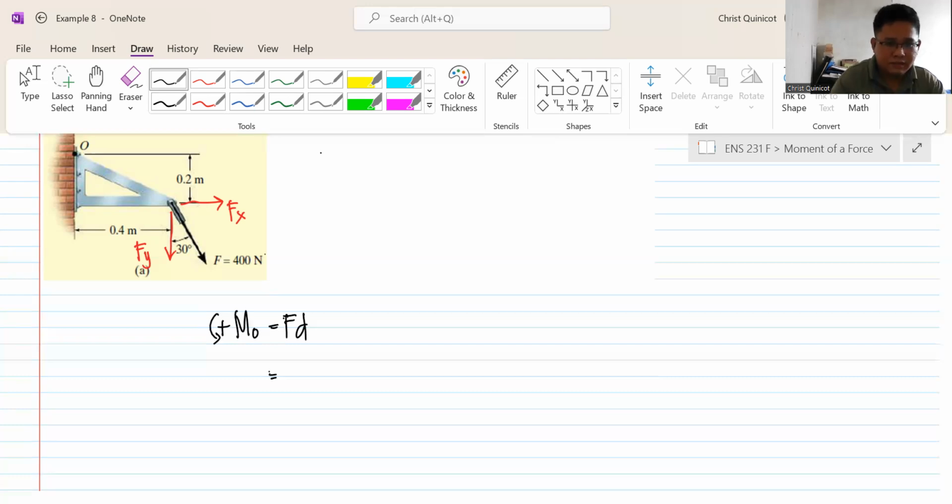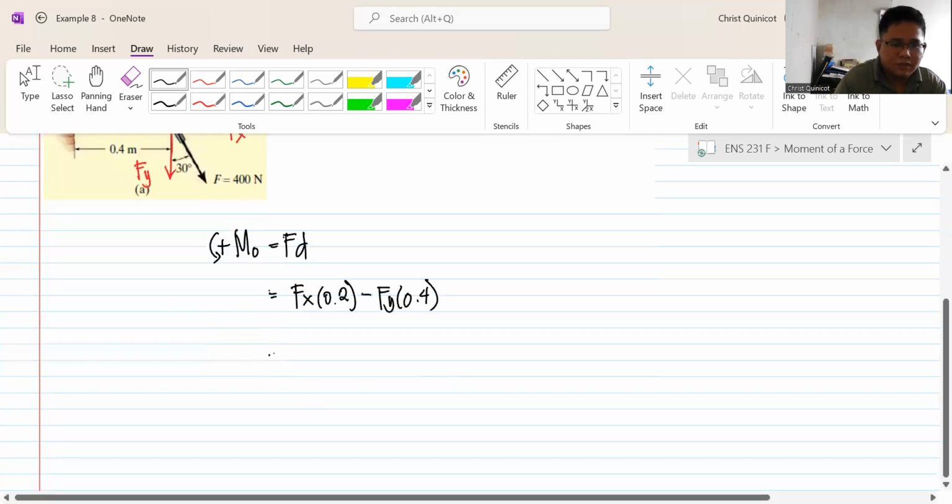So this is positive F sub x times its perpendicular distance, which is 0.2, minus our F sub y, which is applied 0.4 meters from our point.